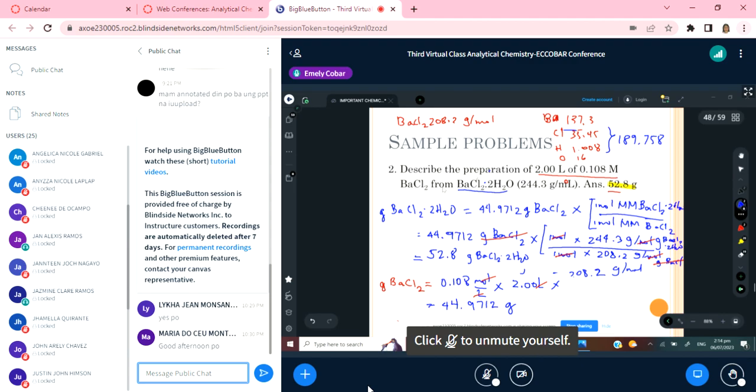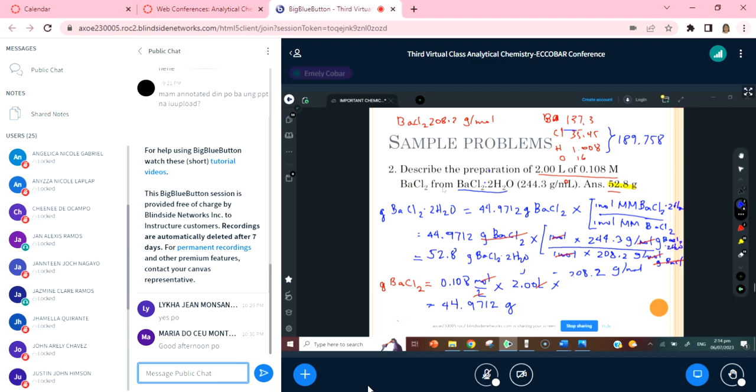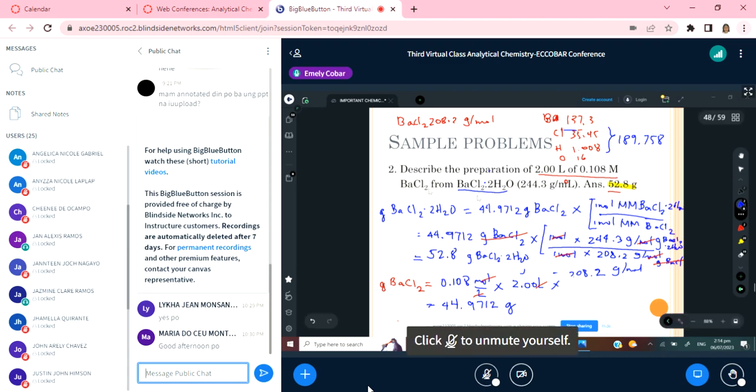So, ang pinapaprepare sa iyo ay 2 liters ng barium chloride. Okay? So, ang concentration ng solution na yun is 0.108. But then, ang source mo ng barium chloride is not barium chloride itself, but barium chloride dihydrate. Okay?